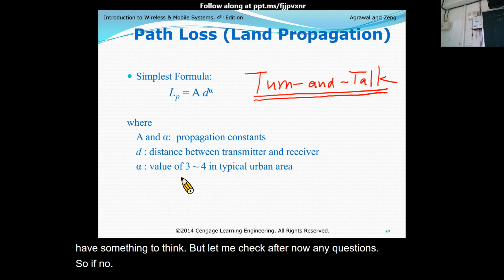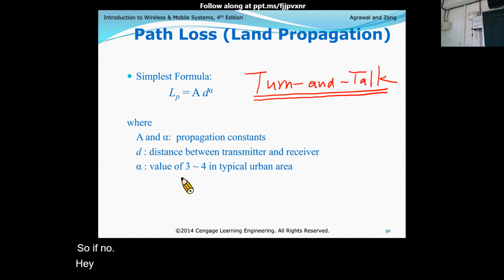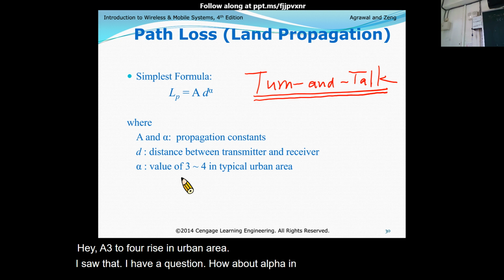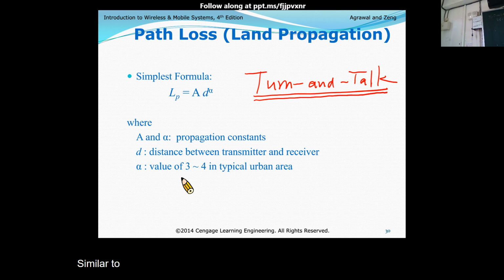here, alpha is 3 to 4, right, in an urban area. And so I have a question. How about alpha in a suburban area? Similar to 3 to 4 or lower?